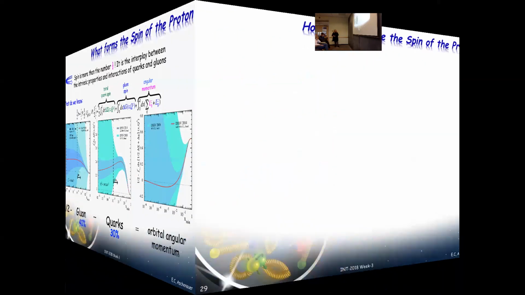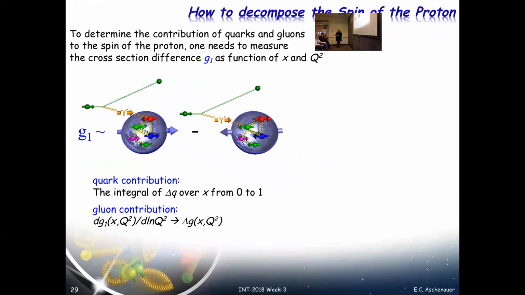Okay, the way to measure is to measure the G1 structure function, which is the difference between having a quark anti-aligned minus a quark aligned with the spin of the proton.